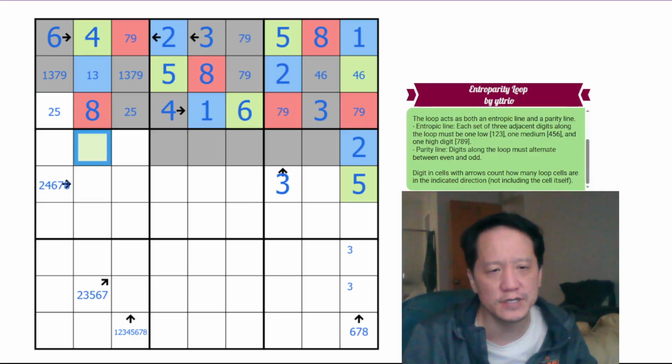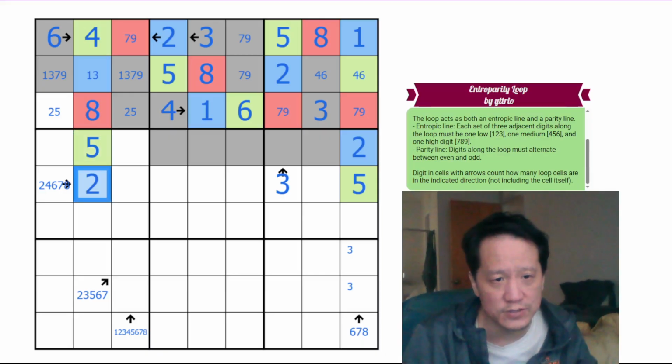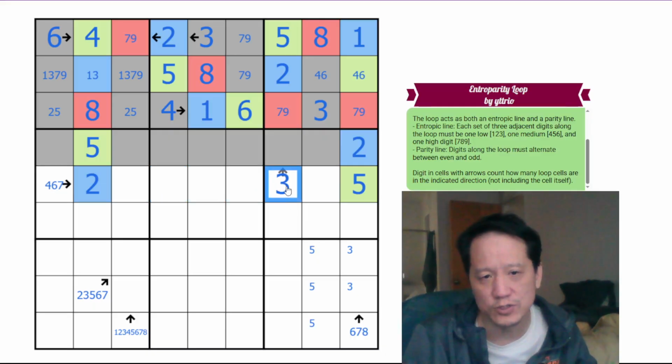This is 3. It has to go that way because it cannot enter here, right? It can't go 5 and 2. So then that's 5, that's 2. So that's not on the loop. This can't be 8 anymore because it would be high, low, high, medium, low, high, medium, which 3 is not.